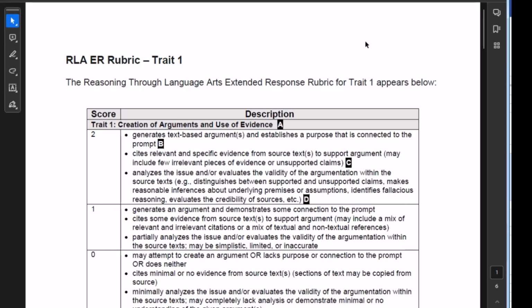Moving on to the second bullet point, cites relevant and specific evidence from source text to support argument, may include few irrelevant pieces of evidence or unsupported claims. As mentioned earlier, this is saying that you need to make that claim that, hey, side A is stronger than side B or vice versa. Use your words, use the phrases, use the ideas from the passages to back up that claim.